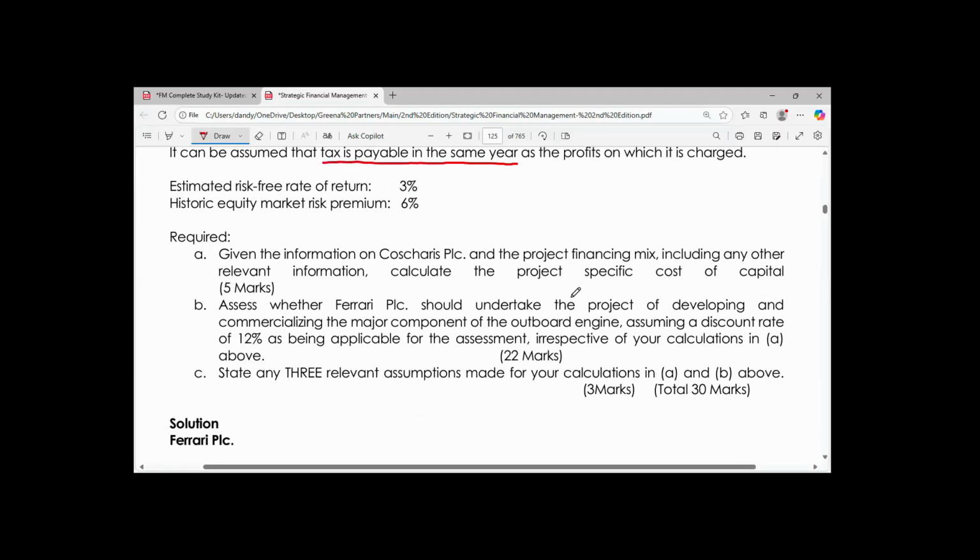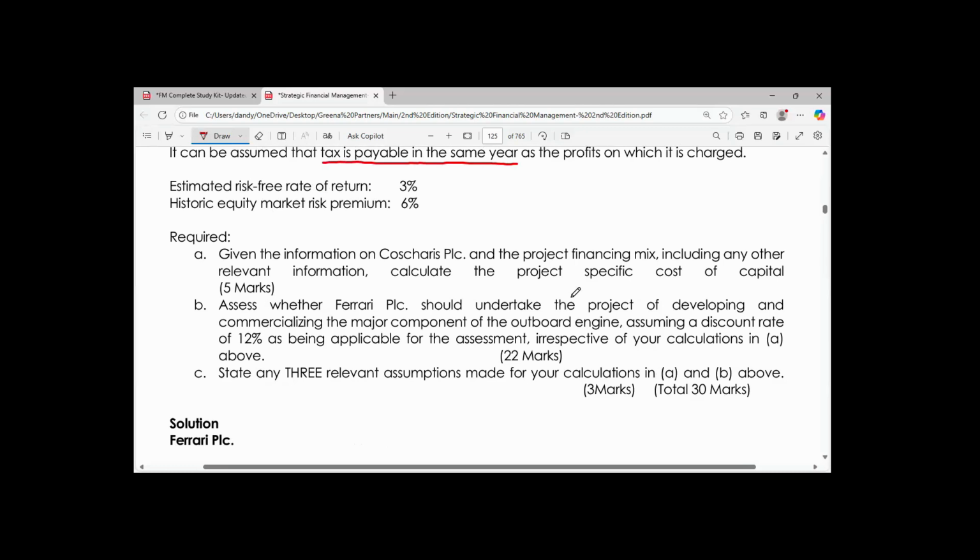Required. A: Given the information of Coscharis PLC and the project financing mix, including any other relevant information, calculate the project-specific cost of capital. 5 marks.